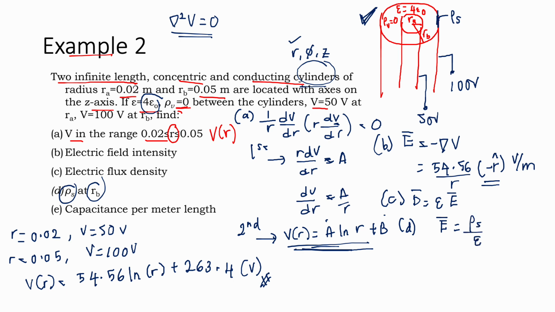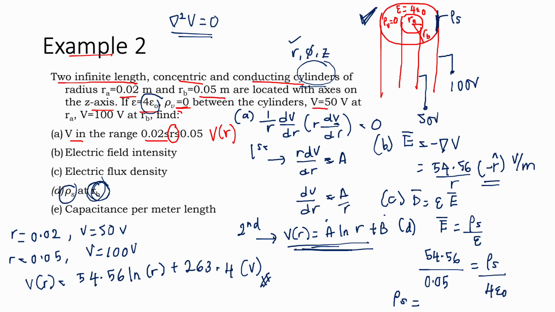So the E is 54.56 over R, and our R is RB because we are interested in RB, so RB is equal to 0.05. This equals rho S divided by our epsilon, which is 4 epsilon naught. From here we are able to obtain our rho S. Remember that this rho S is located at RB.